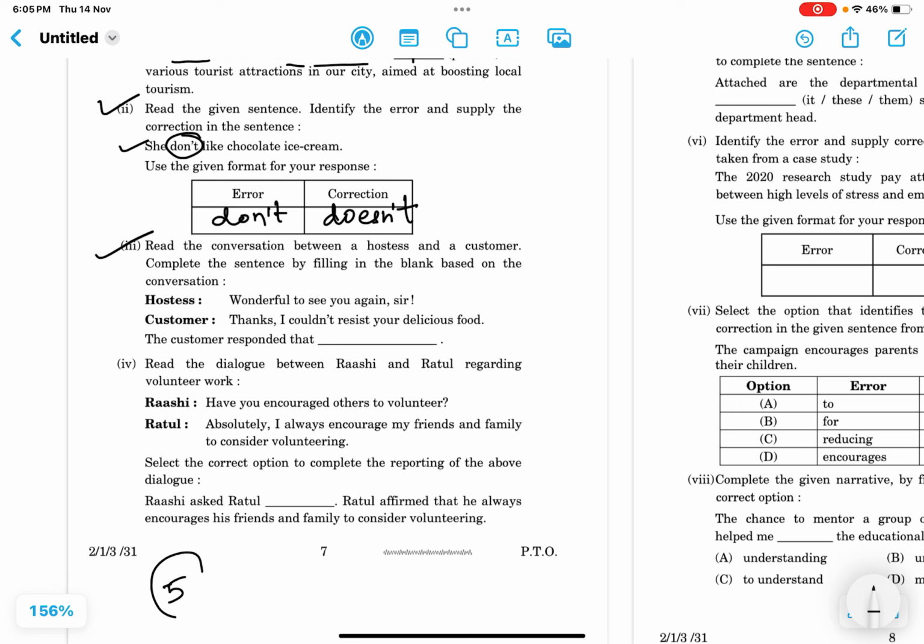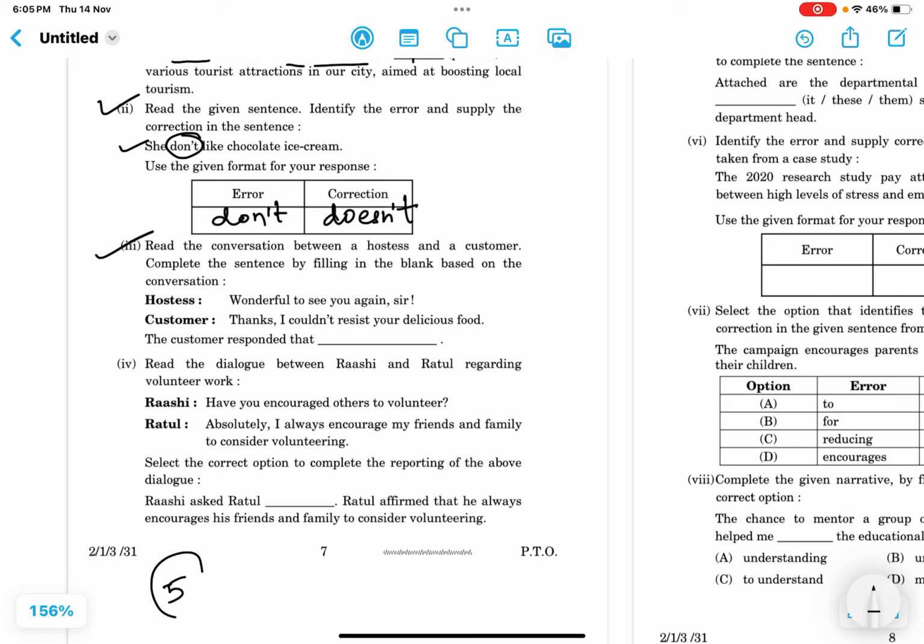Complete the sentence by filling in the blank based on the conversation. Hostess: wonderful to see you again, sir. Customer: thanks, I couldn't resist your delicious food. So the customer responded that, right? What was the response? I could not resist your delicious food. So "I," the first person, changes according to the customer.